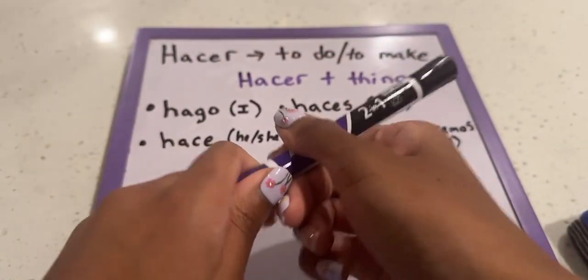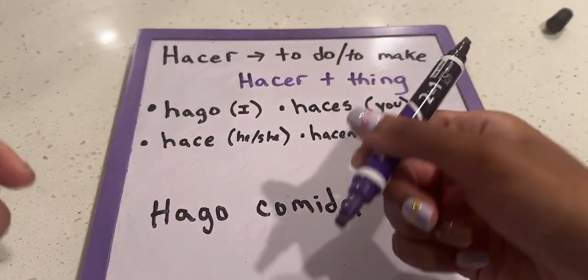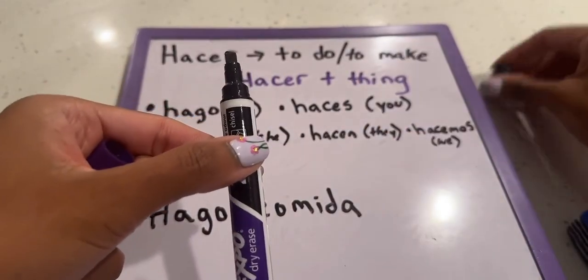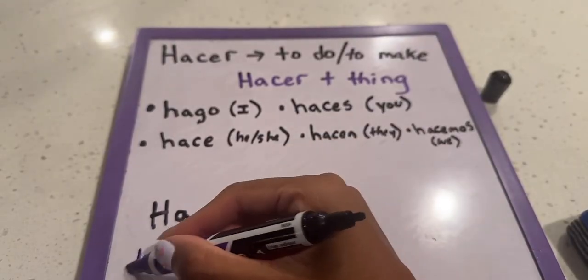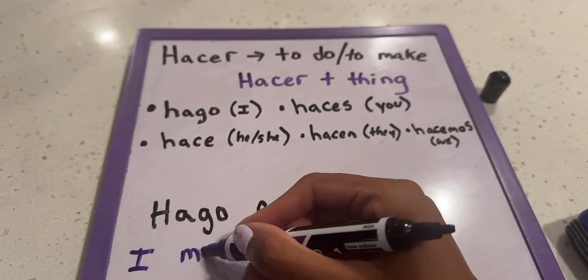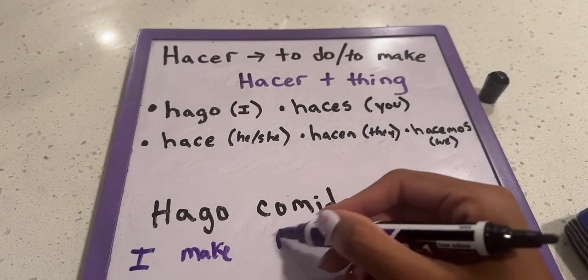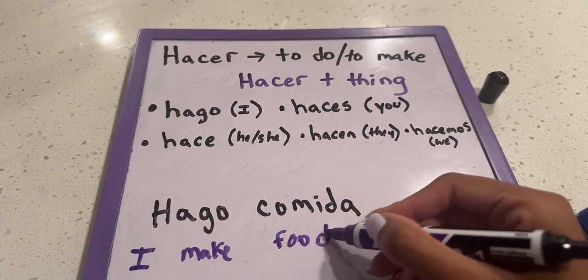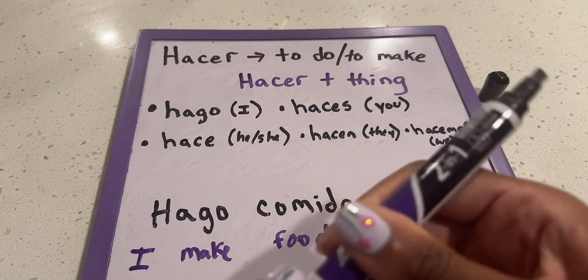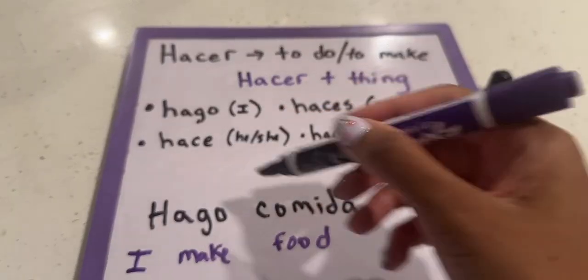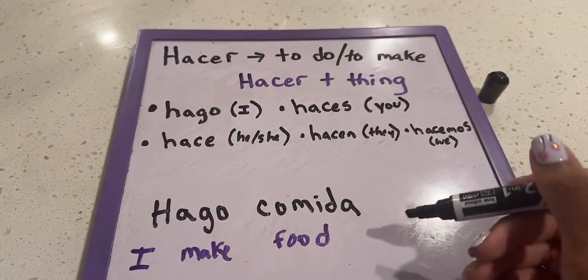Okay, so that translates to I make food. And since we are wanting to become more comfortable in Spanish, we can make some of the sentences a little longer, more detailed. So if we know this is I make food, well, where do you make food?